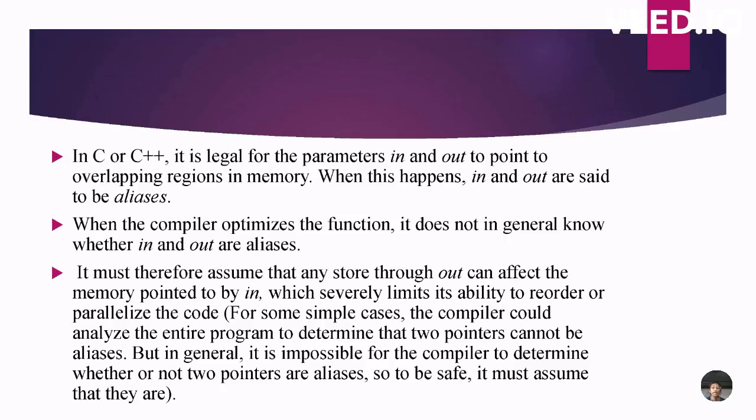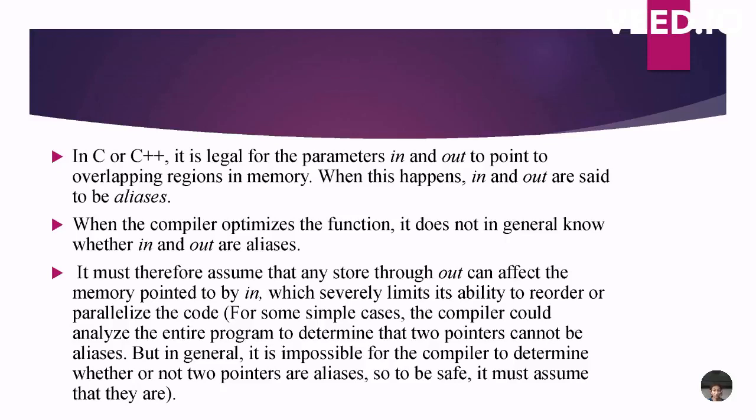For some simple cases, the compiler could analyze the entire program to determine that two pointers cannot be aliases. But in general, it is impossible for the compiler to determine whether or not two pointers are aliases.